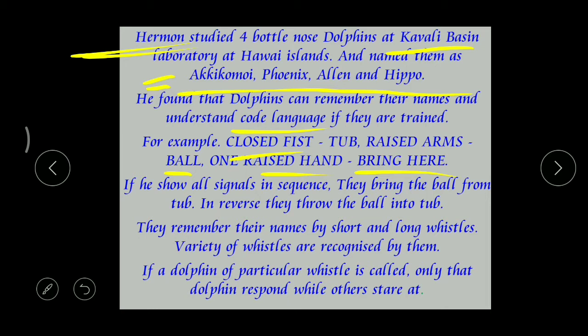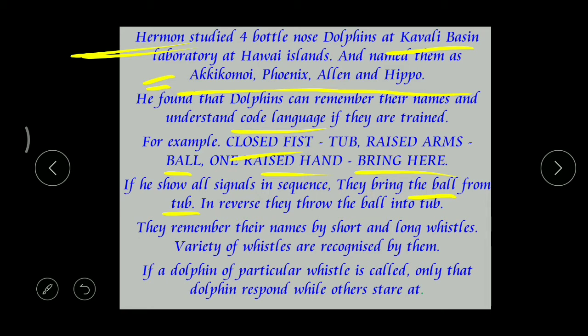So when this trainer showed these three signals simultaneously, what they did was bring the ball from the tub. The first is the fist, then both arms in the air, and then a single arm in the air.